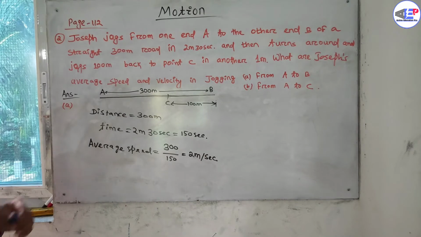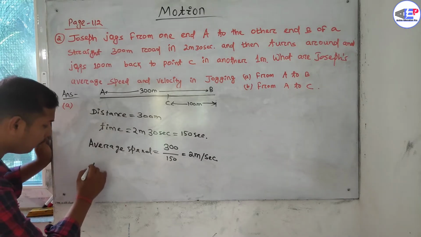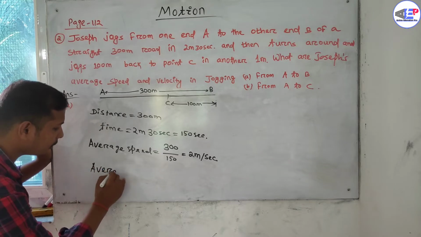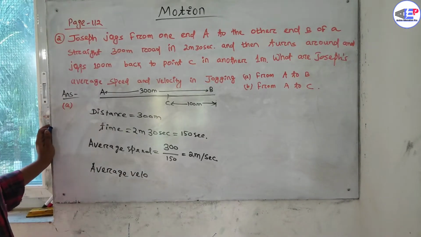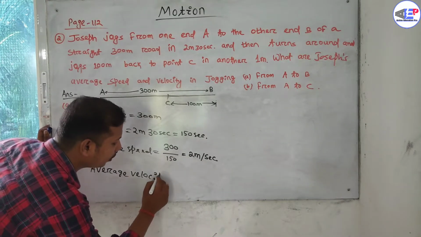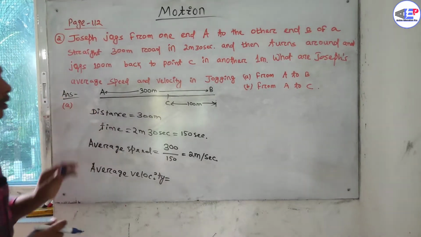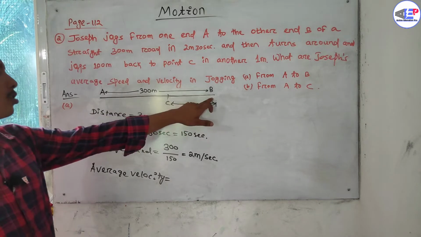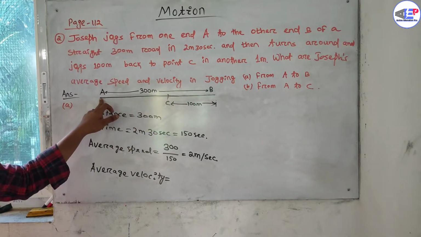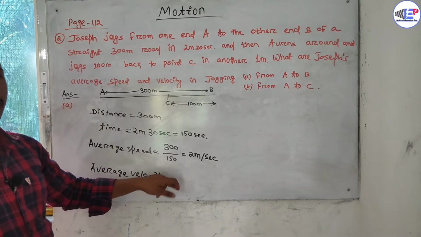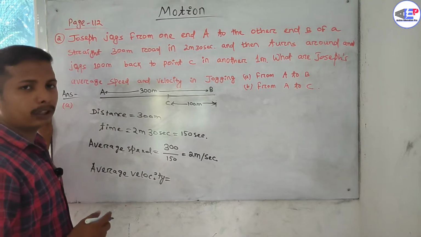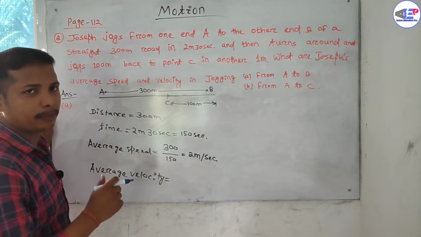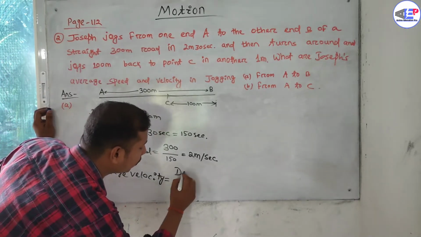Next we have to calculate the average velocity. We know that average velocity is the difference between the final position and initial position divided by time. Here the displacement will be 300, which is the difference between the final and initial point.